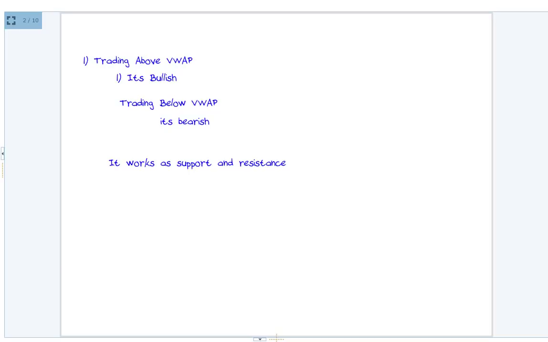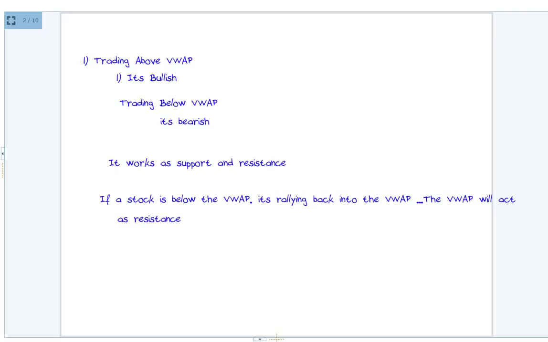So pretty simply, if a stock is below the VWAP and it's rallying back into the VWAP, it's going to act as resistance. The stock is below the VWAP and rallying back up to the VWAP from below, so it's going to act as resistance.